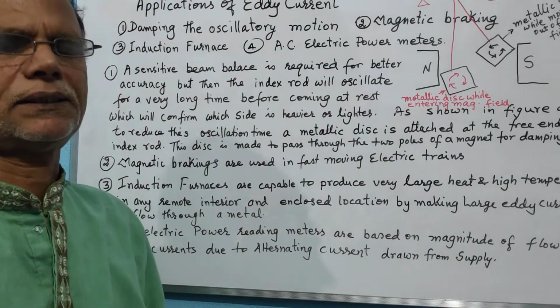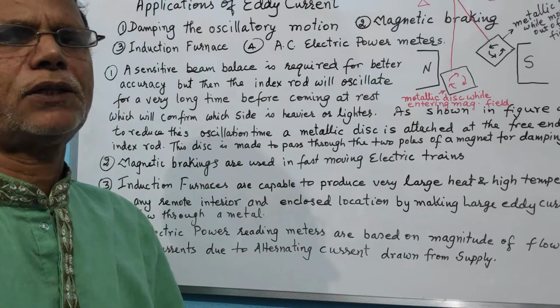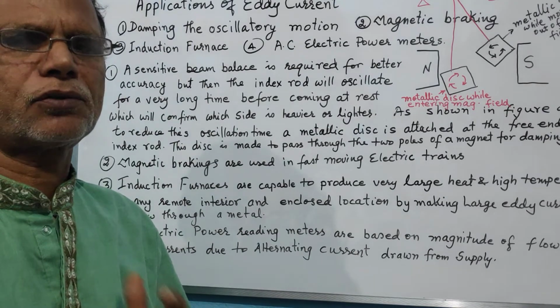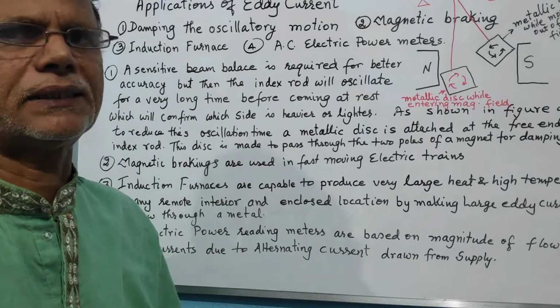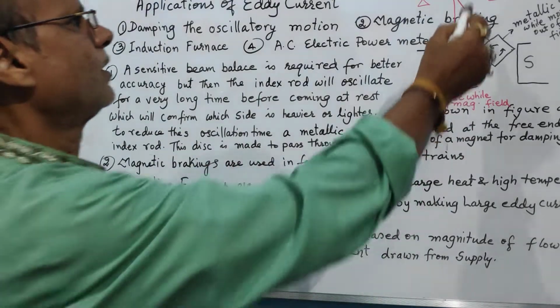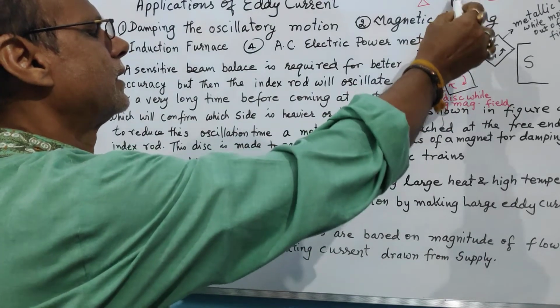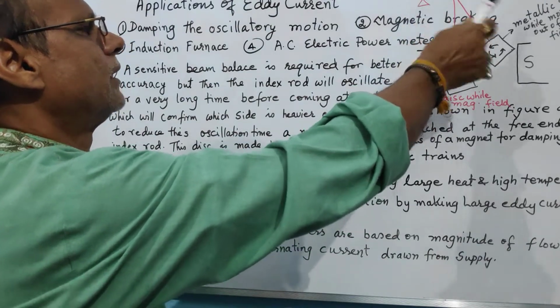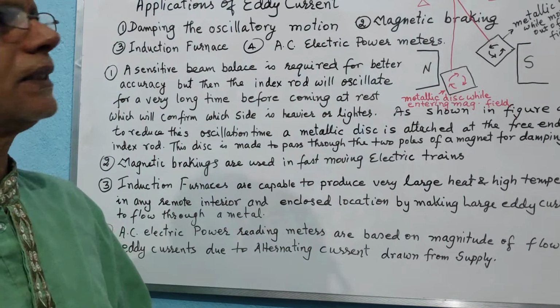For example, let us say we want to make an accurate measurement with a beam balance. In a beam balance, you have a fulcrum, the rigid support, and two arms of equal length.